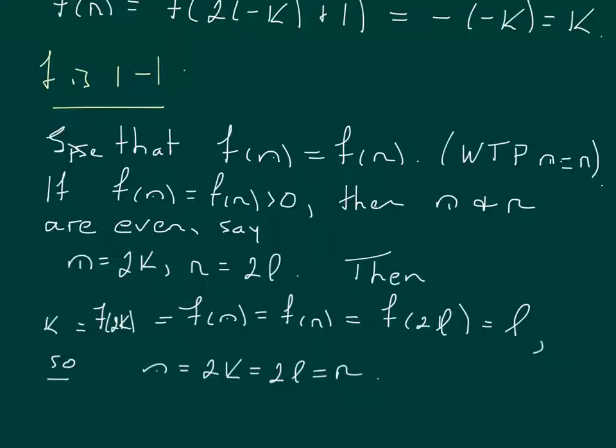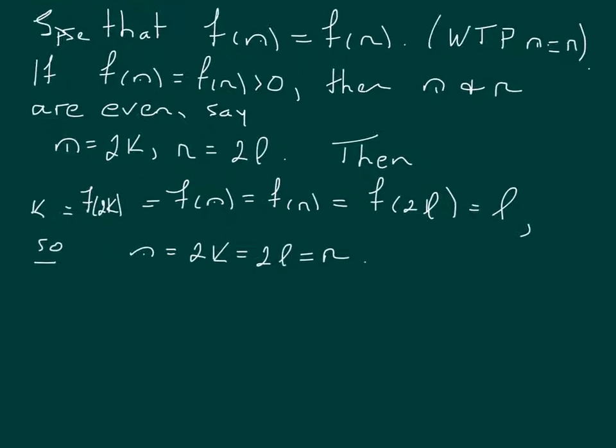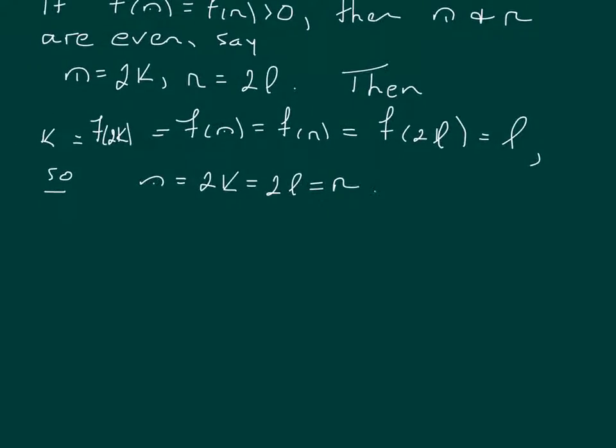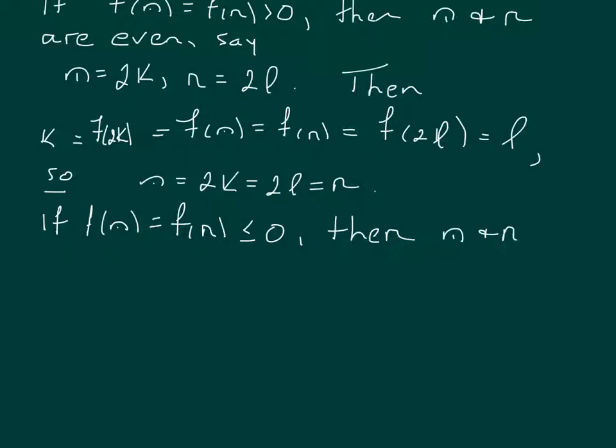All right. So, if f of m, which is f of n, happens to be less than or equal to 0, well, then it's only odd numbers, m and n, that are mapping to integers that are less than or equal to 0. So then we can say m and n are odd.